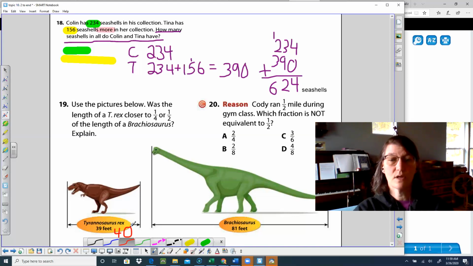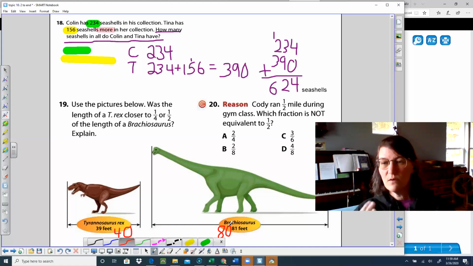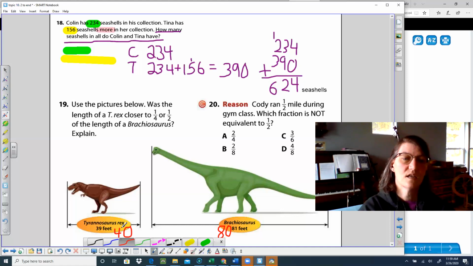What's a friendly number for that? Hopefully, you just thought, ooh, 80. So now I'm comparing 40 and 80, and I need to think, is 40 about 1/4 of 80, or is 40 about 1/2 of 80?